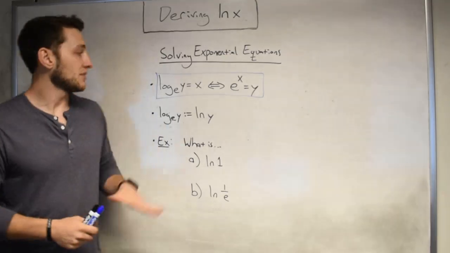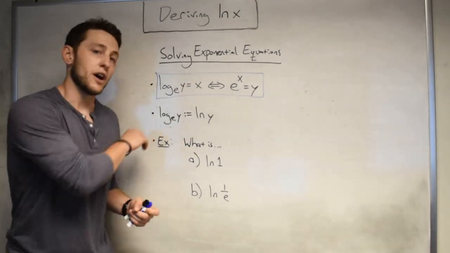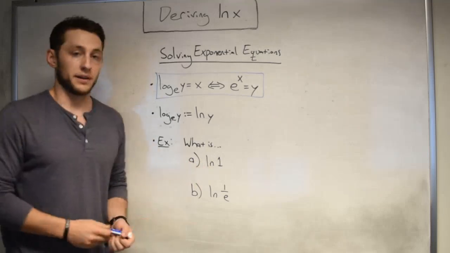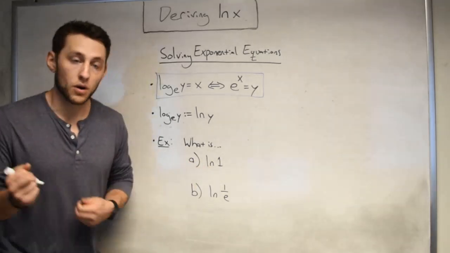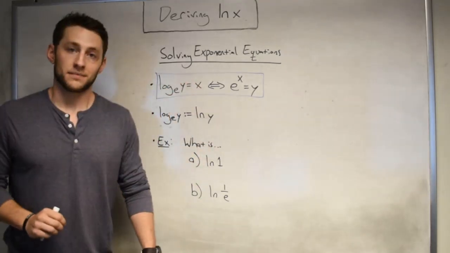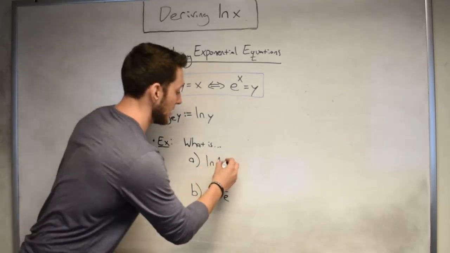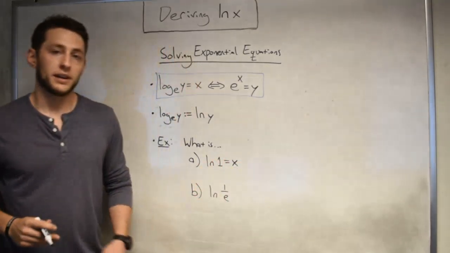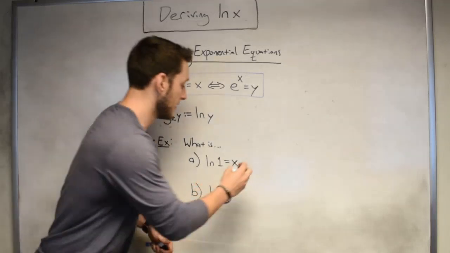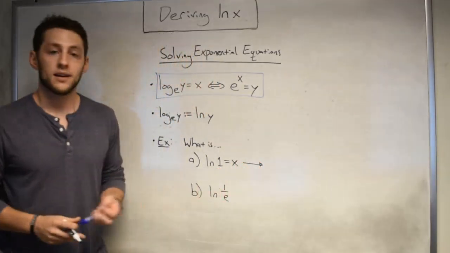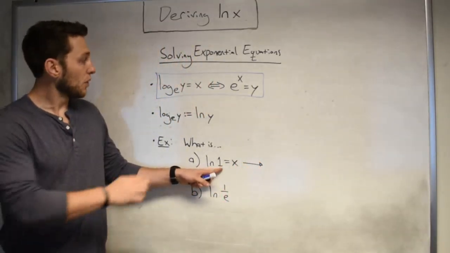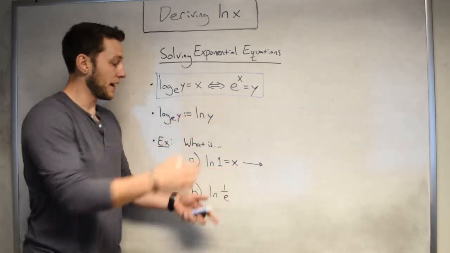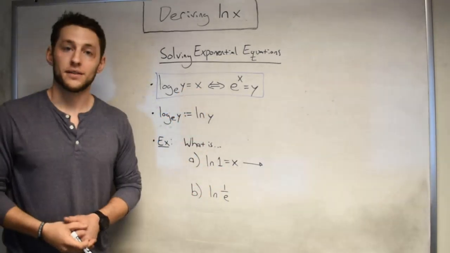As a quick example of using this translation, what is natural log of 1? If we don't know, we can always go to this translation. If we don't know it in math, we like to call it x. If we translate this, we look for the base, we look for what y is, and we look for where x is, and we can actually solve this out.